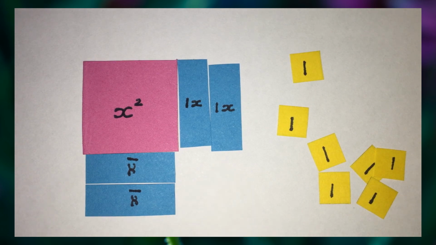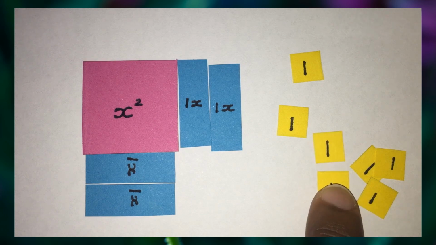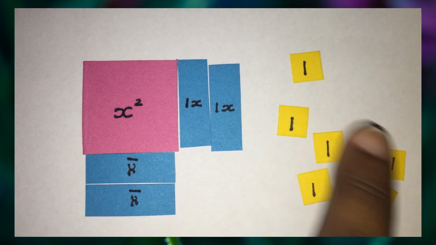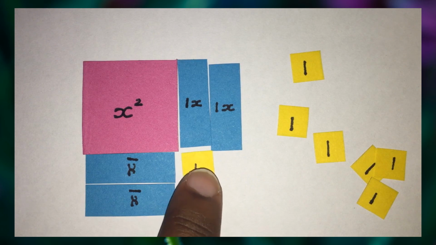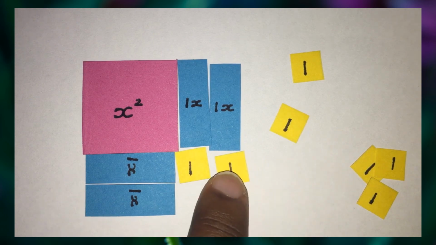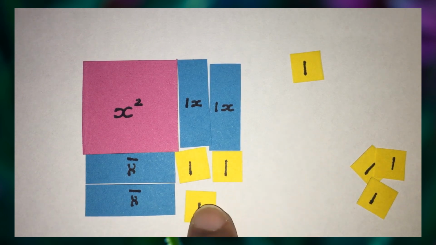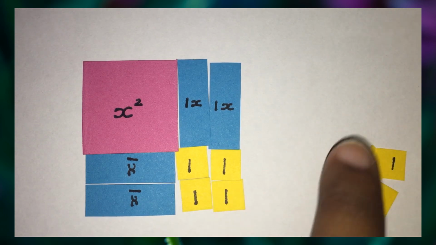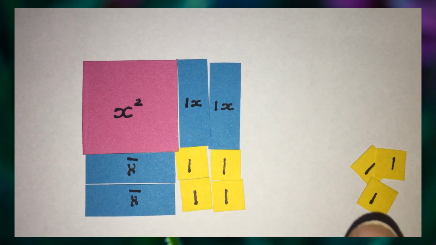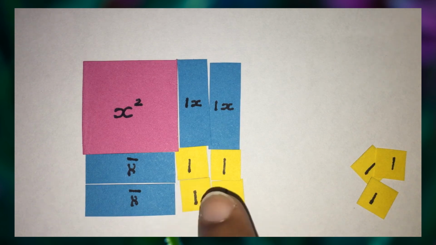What do you think I'm going to have to do to complete it? Well, I'm going to have to take out of this section some ones to fill in the square. So I'm taking 1, 2, 3, 4. So I'm taking out 4 from this side and putting in those 4 right in here.